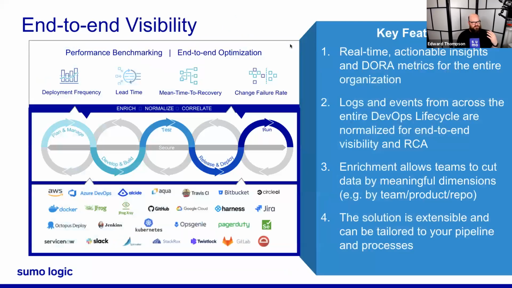So we're really looking at giving you end-to-end visibility across your full software development lifecycle, across plan and manage, develop and build, test, release, deploy, and run. This is all providing feedback loops into your continuous improvement, continuous deployment lifecycle.